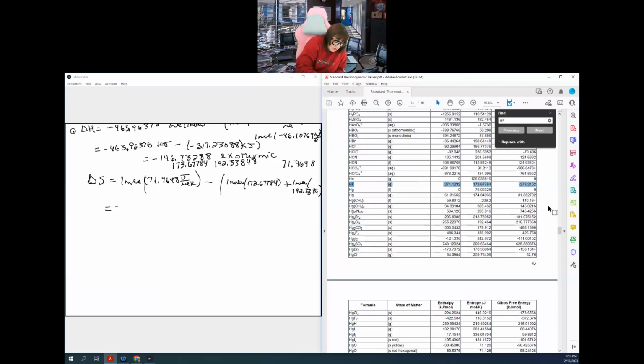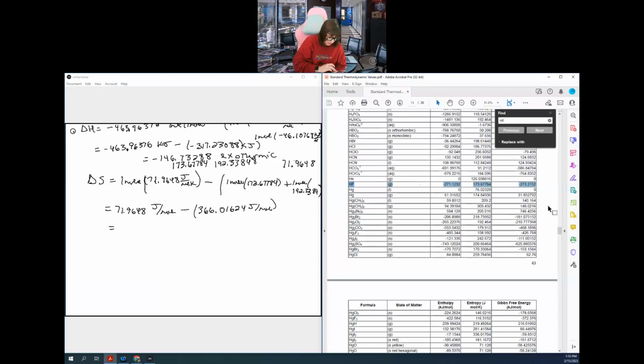So when I simplify this, I end up with 71.9648 joules per mole because we got rid of the Kelvin. And then we subtract 173.67784 plus 192.3384, which is 366.01624, and that's joules per mole.